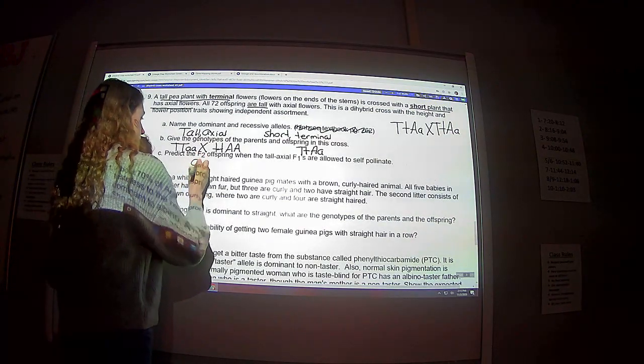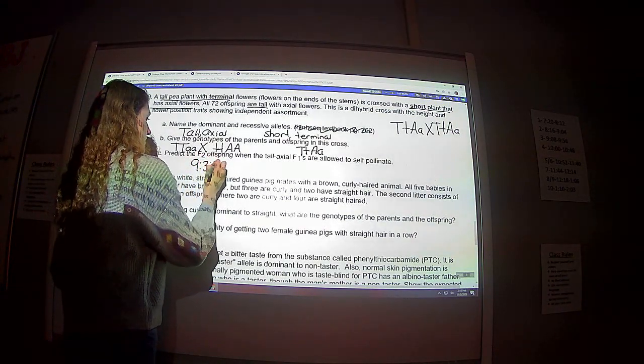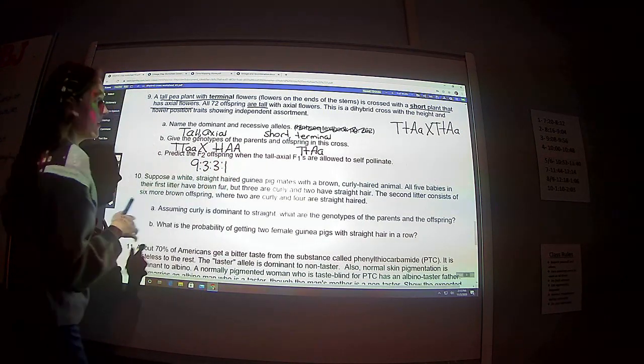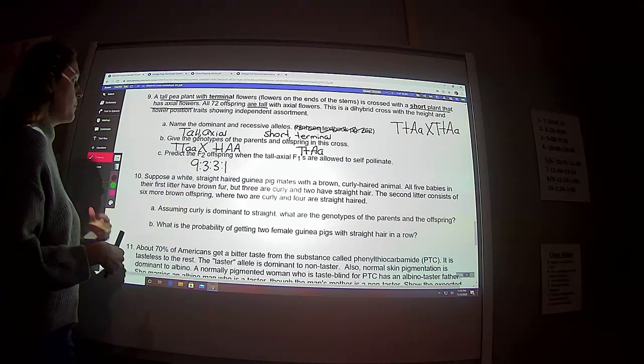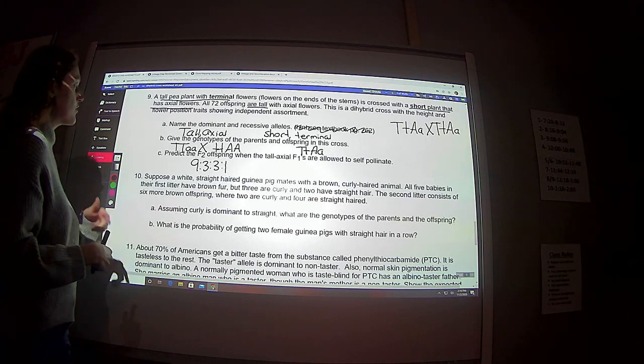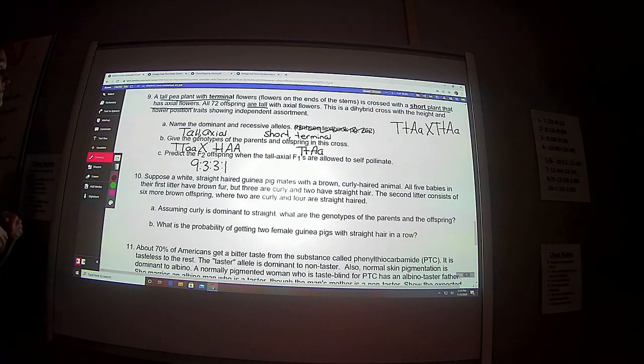The ratio for them is going to be a 9 to 3 to 3 to 1. So you're going to have roughly 1 that shows the homozygous recessive trait, 9 that show the dominant traits, and those 3s in the middle are going to be a mix of tall and terminal, and short and axial. If you don't believe me, you can work out the cross and try it out yourself. But that is pretty much how it always works out.